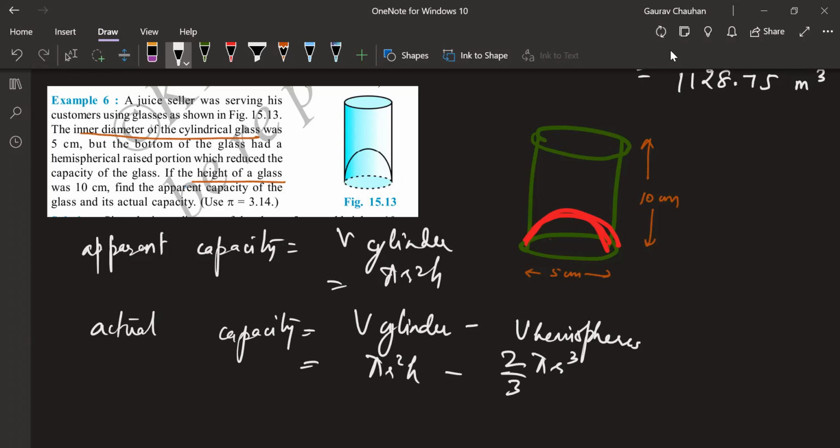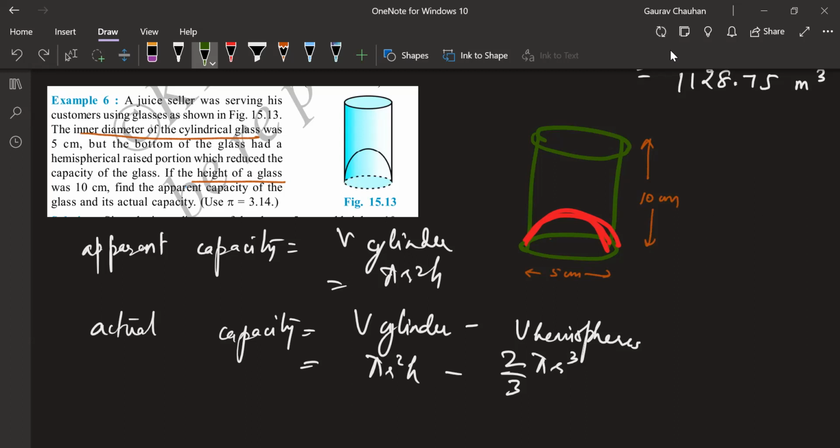We should add the hemisphere volume. Think about it, Deepak. In the first one, what is seen by the customer? Is a hemisphere seen separately here? To the customer, what is visible? Just a cylinder, right? So what is apparent to the customer? Only the cylinder.